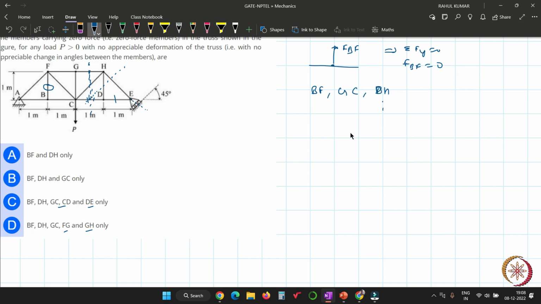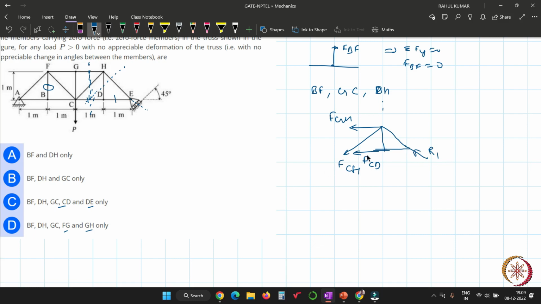Then the situation will be clearer. Suppose the forces are FGH, FCH, FCD, and here the member is like this, and that member is like this. And here that is a reaction force R1.